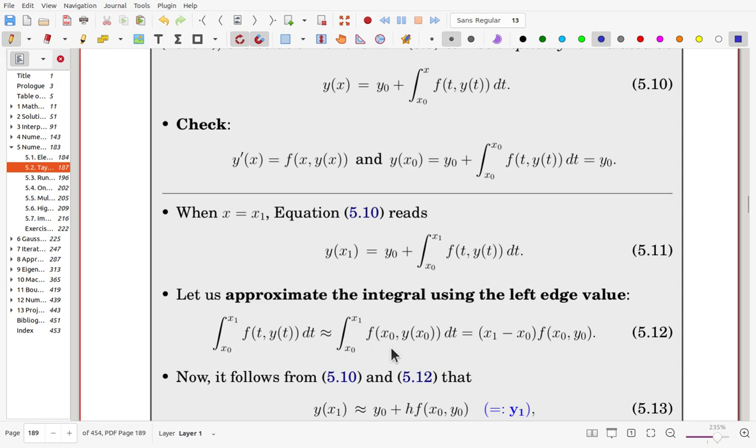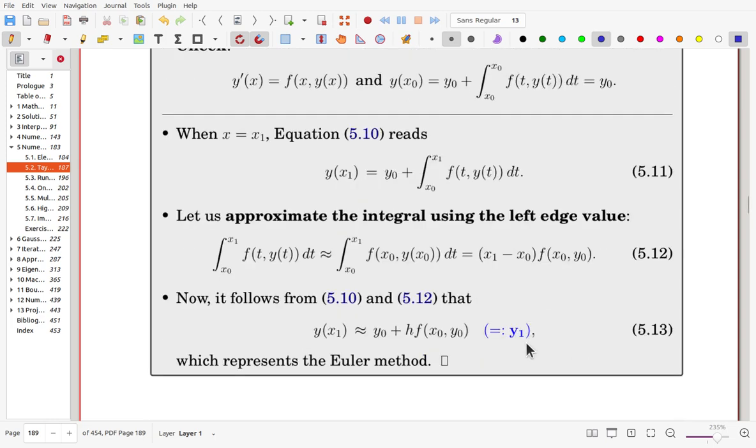Then this is constant, so it can be written in this way: x1 minus x0 times f of x0 and y0. By combining these two, we can get this one. And of course, this is an approximation of the integral. So in the algorithm, we denote this term by y sub 1. That is the algebraic interpretation of the Euler method.